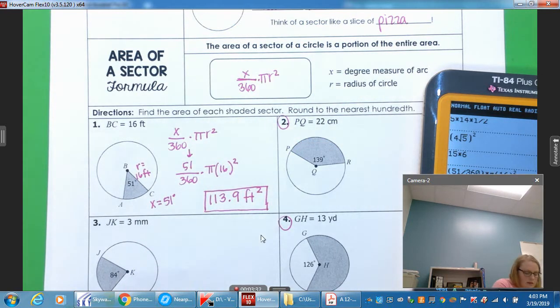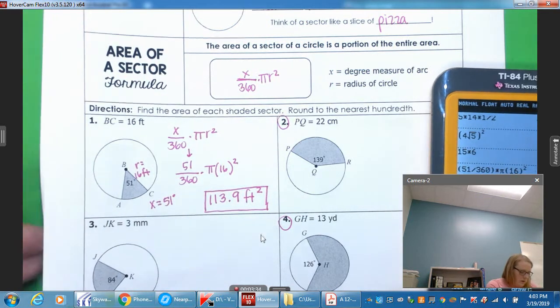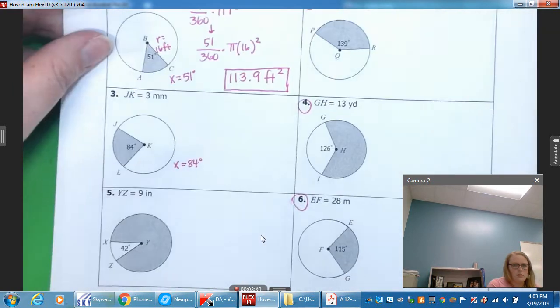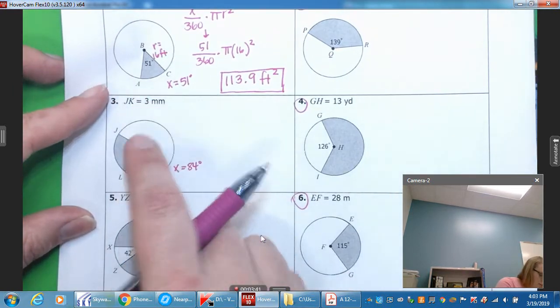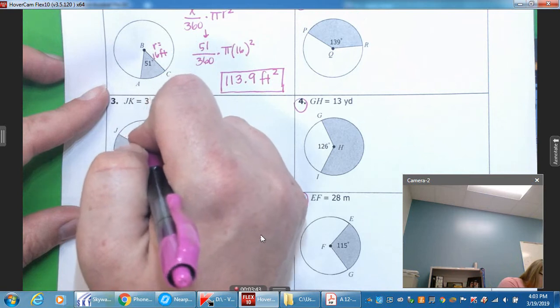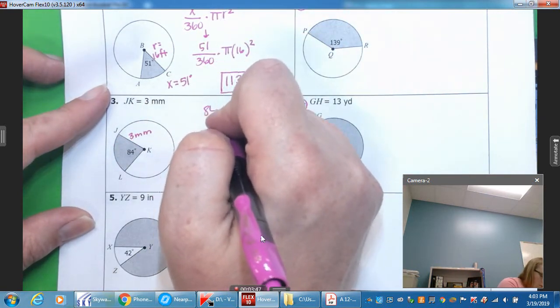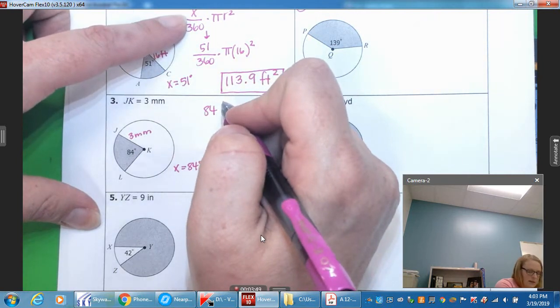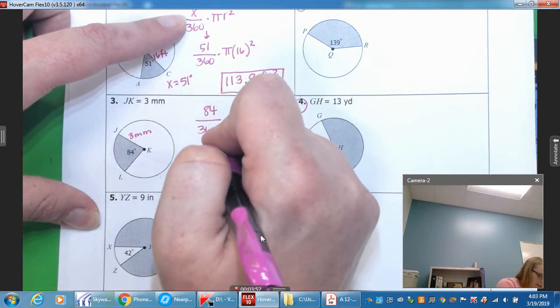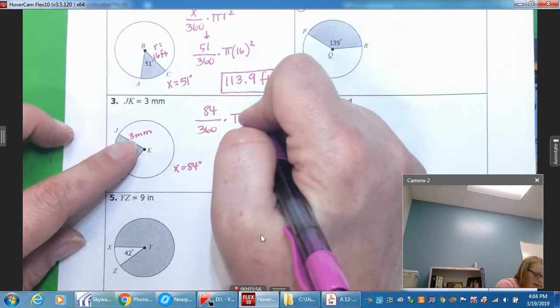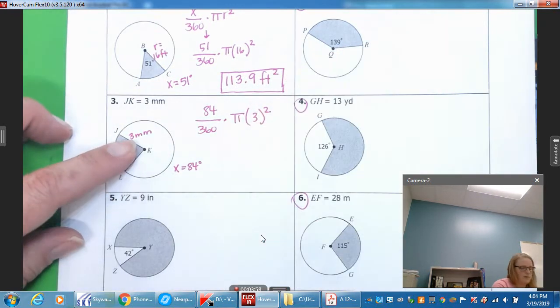Okay, let's try one more, number 3. So in this case, my x is 84 degrees. Right, and it tells me JK is 3 millimeters. So you're going to do 84 as my x, I'm using that same formula, over 360 times pi, my radius here is 3, squared.